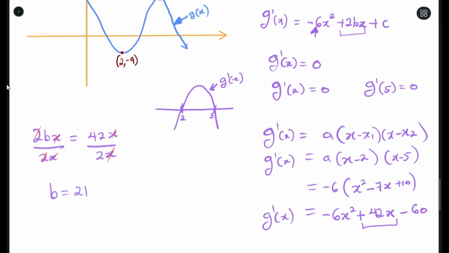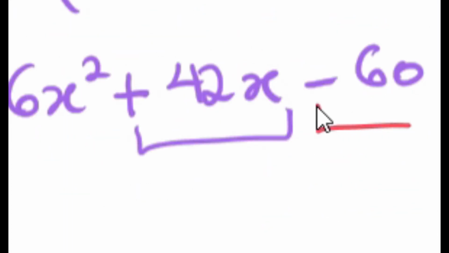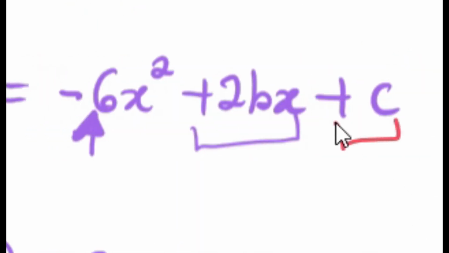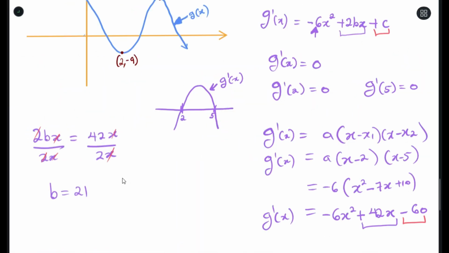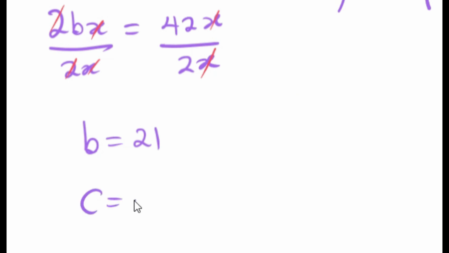And for c, we would also take that part. It literally just means c is equal to negative 60.